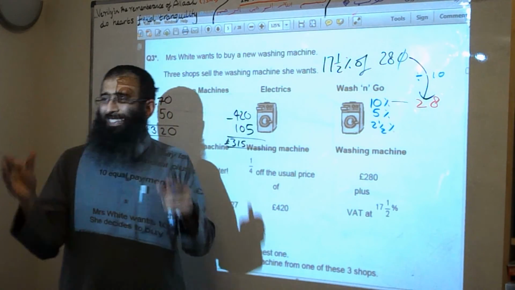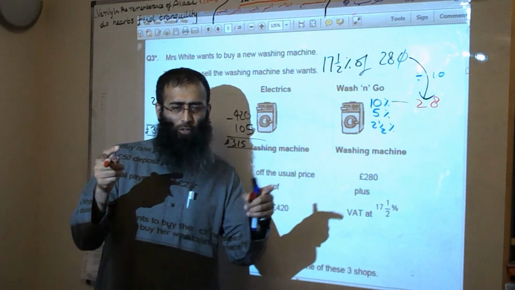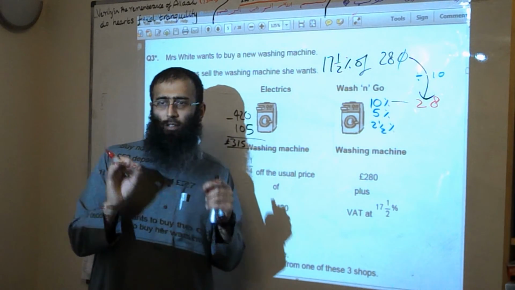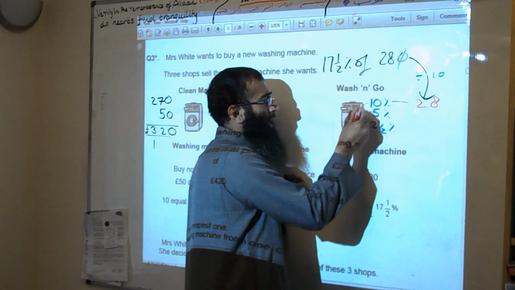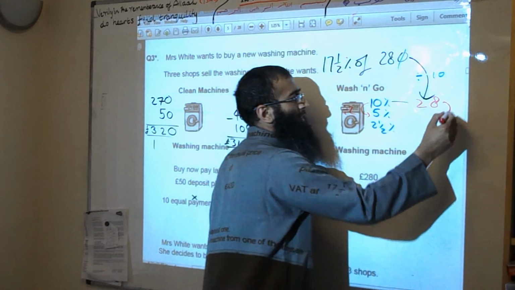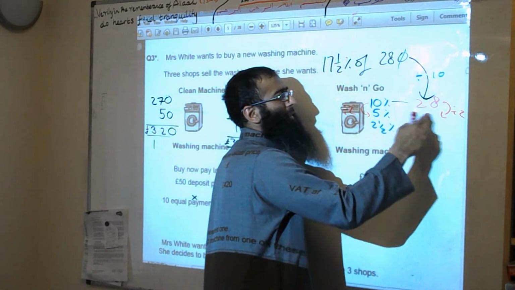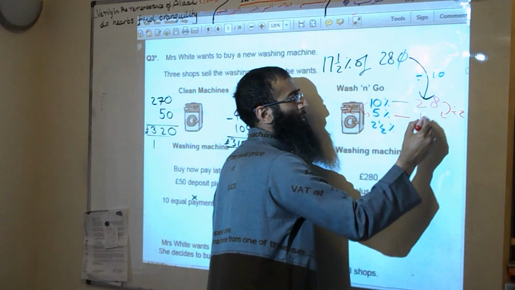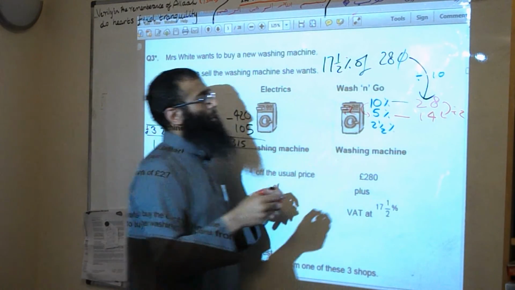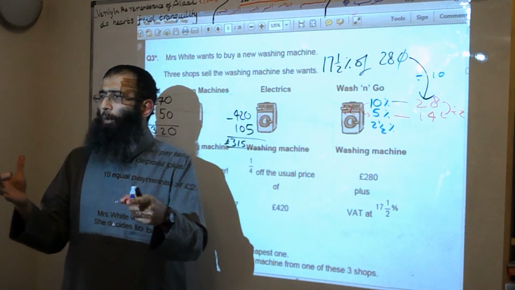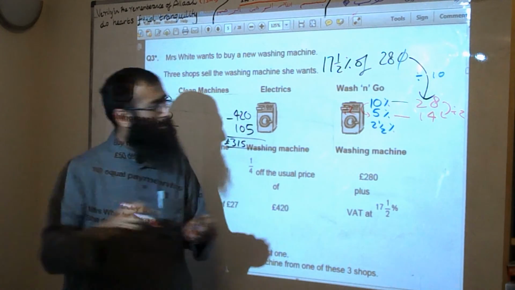Now, if you know what 10% is, how do you get from 10% to 5%? We halve it, divide by 2. So if I halve the percentage, I halve this. So 28 divided by 2 will give us £14. Now, if you know what 5% is, you can work out 2.5% by halving again.